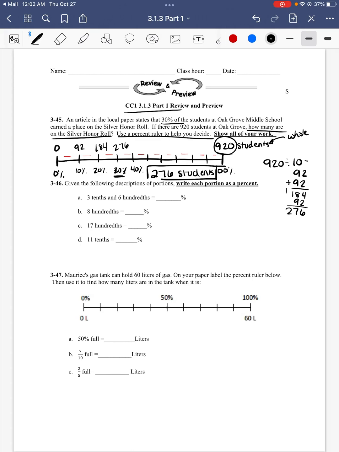Problem 46, given the following descriptions of portions, write each portion as a percent. If you have a percent block at home, you can use that to help you.